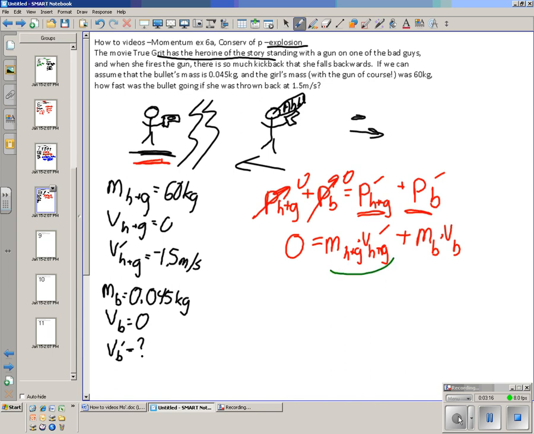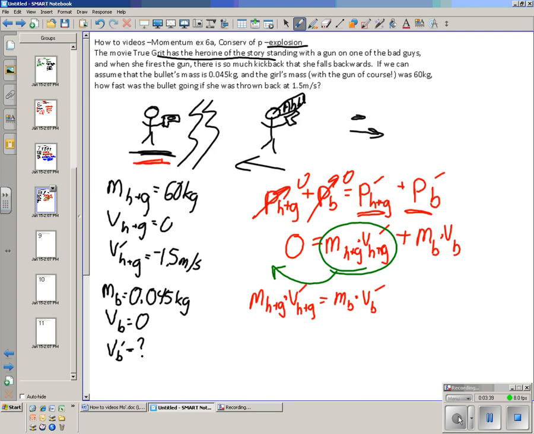Let's just go ahead and bring this over. So I have mass of the heroine plus gun times final velocity v prime of heroine plus gun equals mass of the bullet times velocity of the bullet prime.